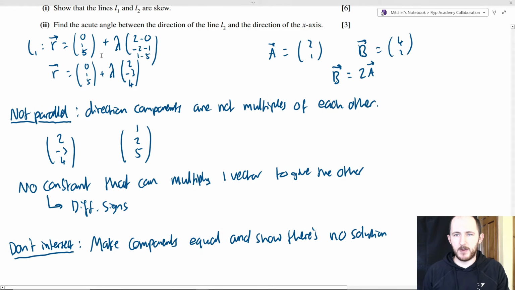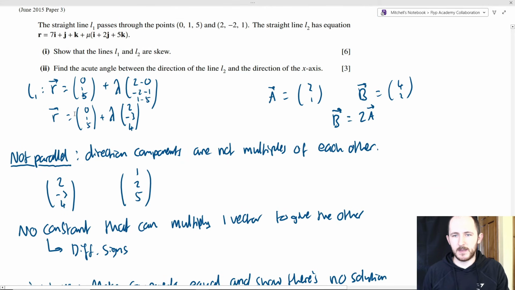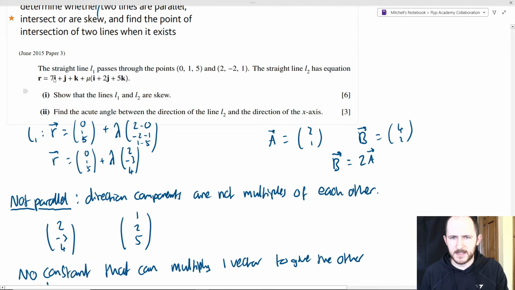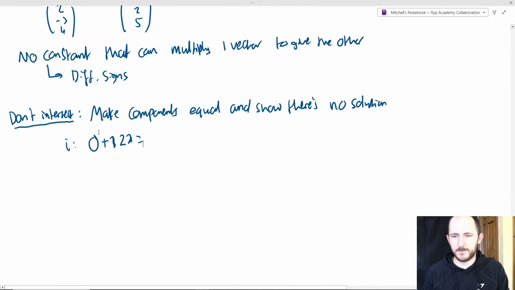If I compare the i components, we have 0 plus 2 lambda. So I'm actually going to write i, just to make this clear. 2 lambda equals, for the i components of this, 7 plus mu. Now let's look at the j's and the k's.